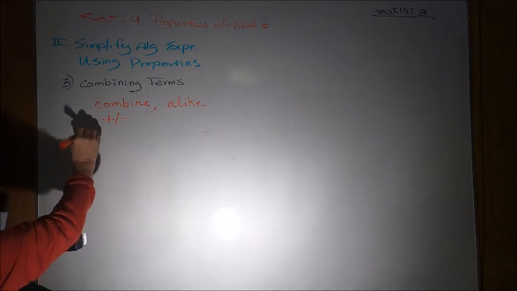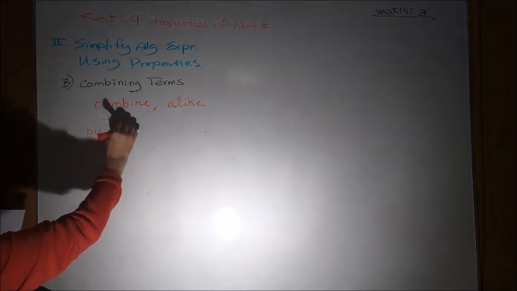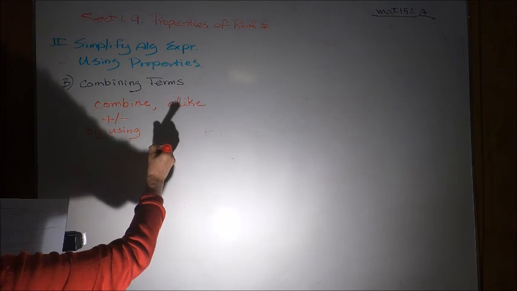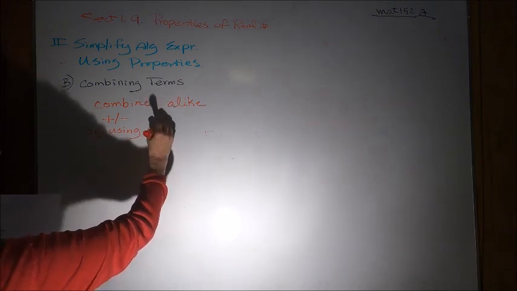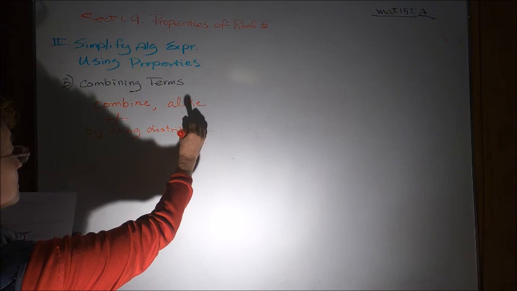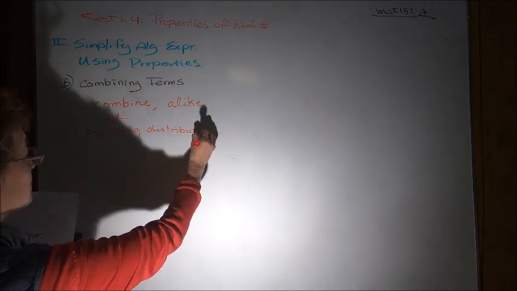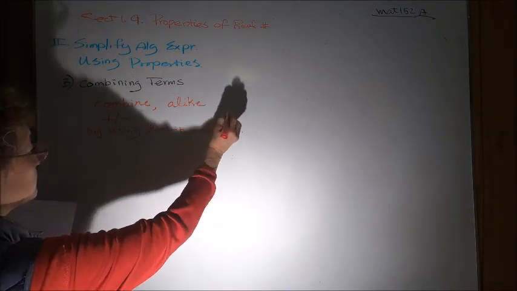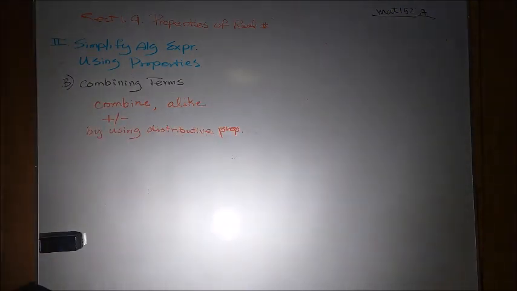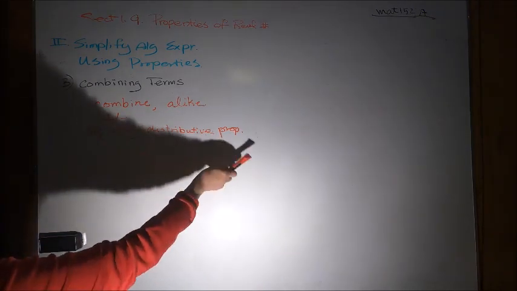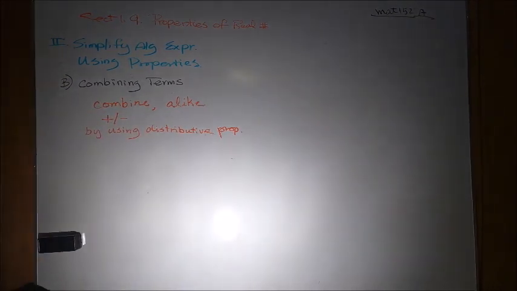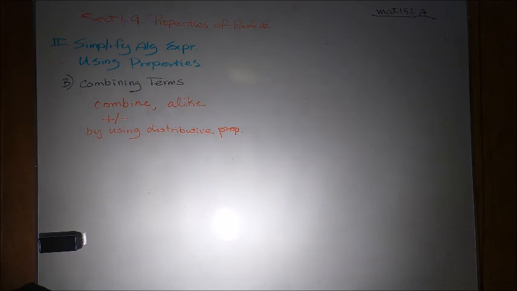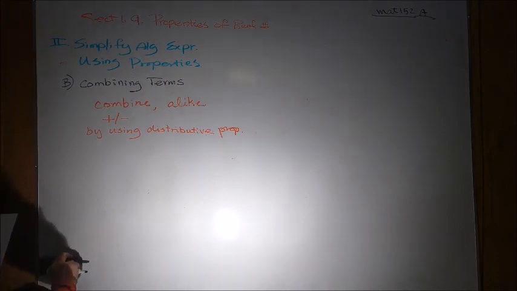By using the things we have learned, called the distributive property, right? That's how numbers work. Same thing as a variable. So we are going to make things simpler first by doing so.